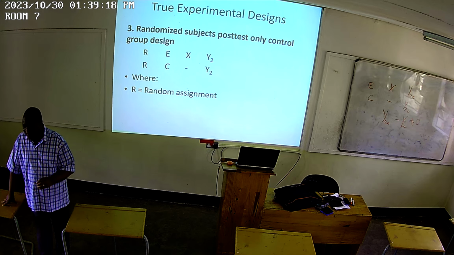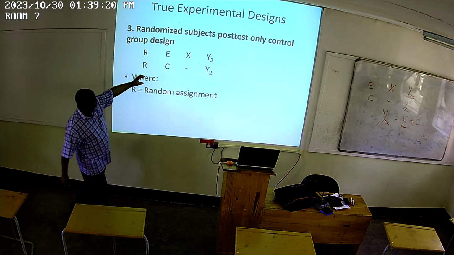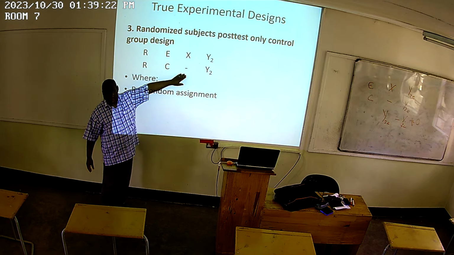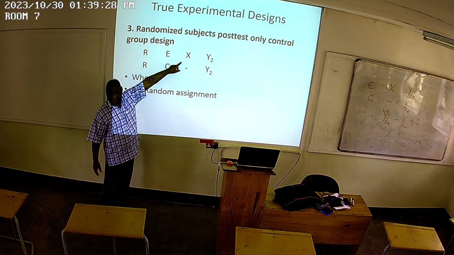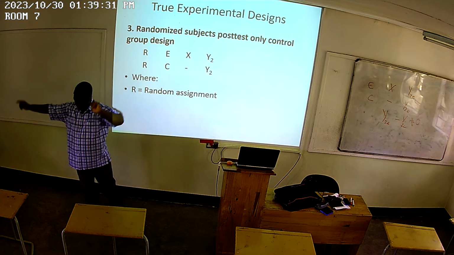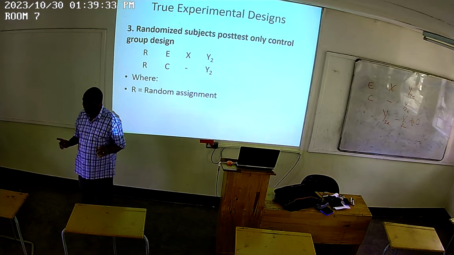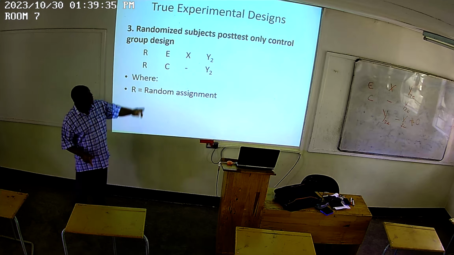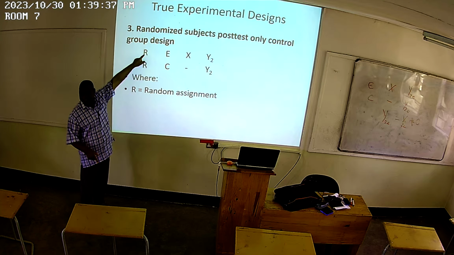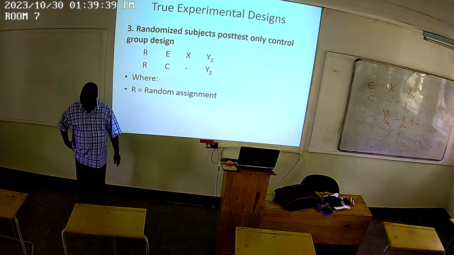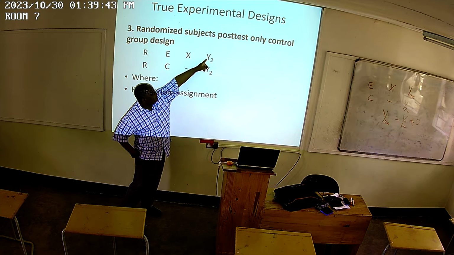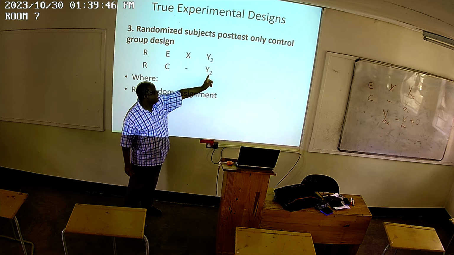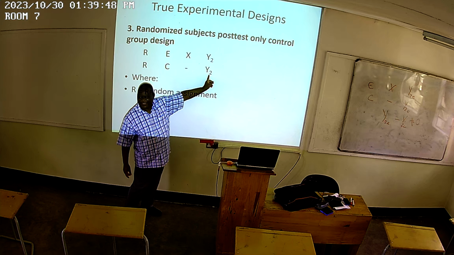So you have a group where no businesses are introduced, and a group where businesses are introduced. But the choice of the people who should be given businesses is done by random assignment. And at the end, you want to say whether the income level of this group is higher than the income level of this group.